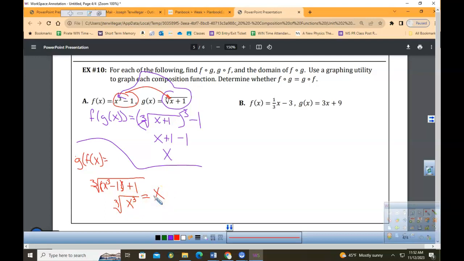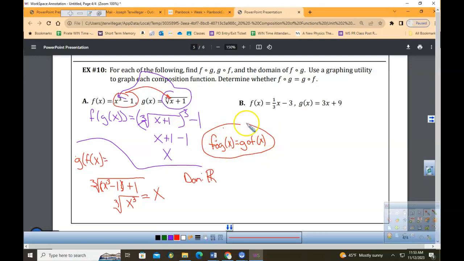Now, I have to ask myself, what are my domains of each of these? The domain for everything is all real numbers. Domain is all reals. So they match back and forth. So I can state that f of g of x equals g of f of x.